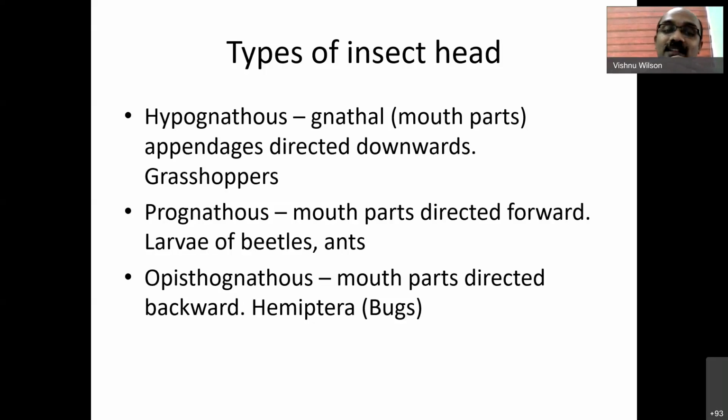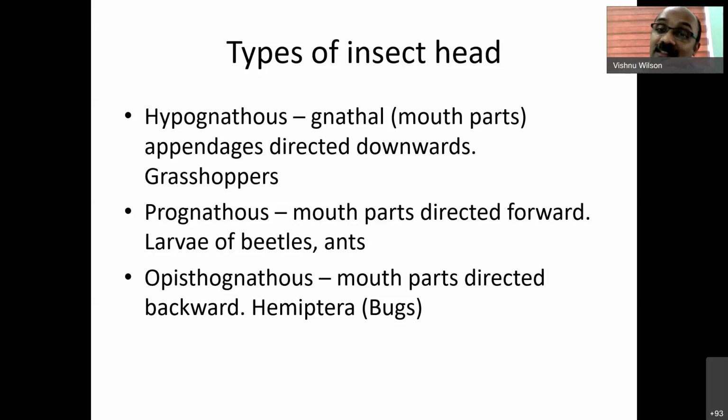If the mouthparts are directed downwards, that kind of head is called hypognathous.